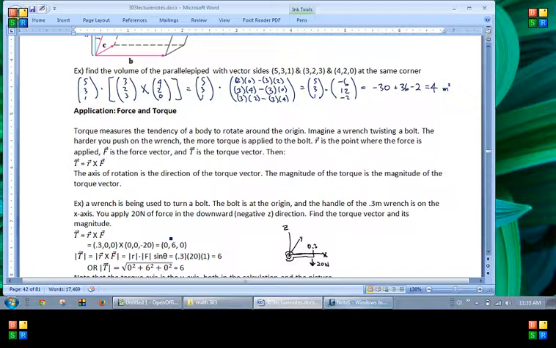And we already said by common sense, we think it's spinning around the y-axis. We did the calculation. The torque vector is right there. So that's the calculation that shows that the bolt is spinning around the y-axis with a torque value of 6.